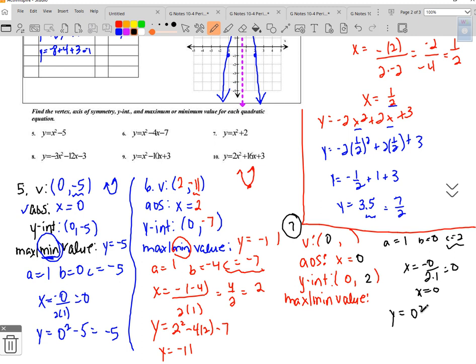Y equals 0 squared plus 2, so that's 2. So our vertex is (0, 2), and our y-intercept is (0, 2). A is 1. Remember, our parabola opens up. That makes our vertex a minimum. So we're going to circle minimum, and it's y equals 2.